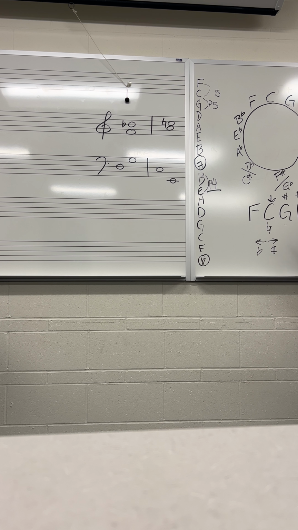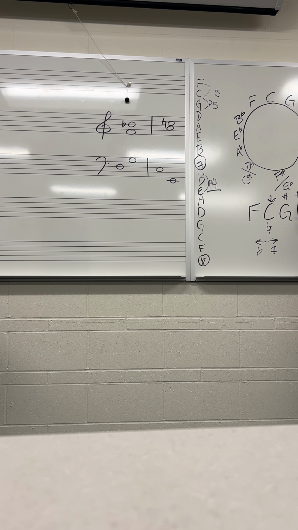Because if you know F is a whole step down from G, F sharp would have to be a half step. But F is also right here on our little line of fifths. So if you were to go from G, skip 1 note and go to the next one, this would be your last sharp.